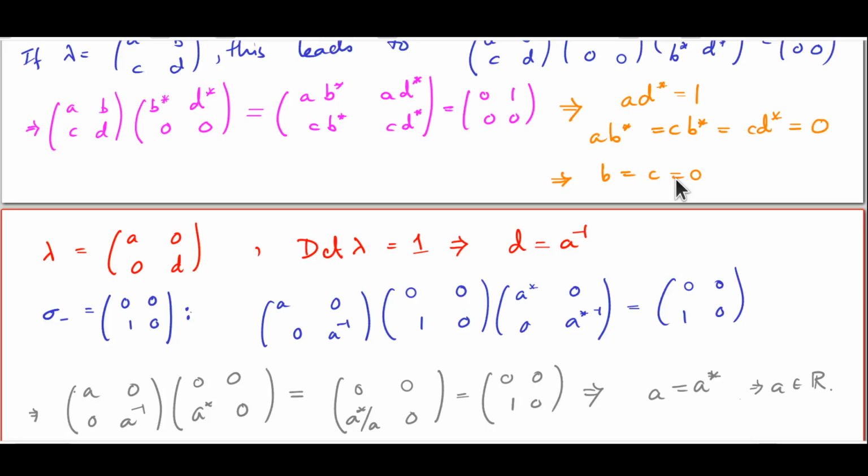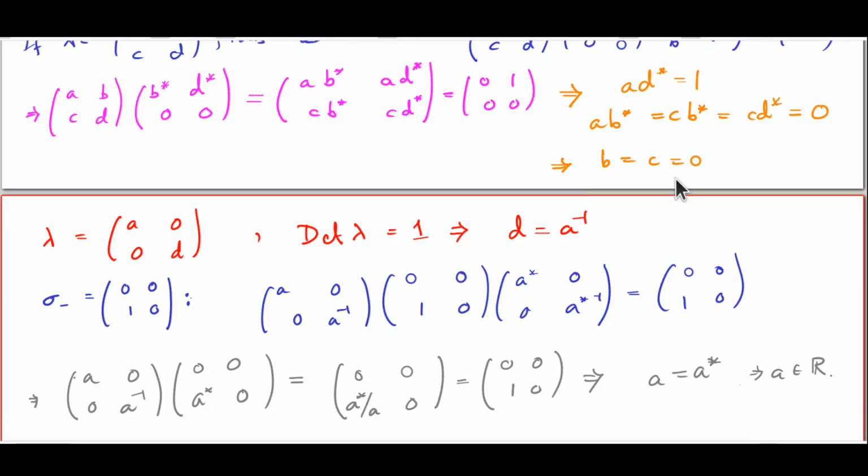If you calculate the whole thing, you end up with zeros in the 3 places trivially, so that tells you nothing new. But it tells you that A*A has to be equal to 1. In other words, the number A, the only parameter left in my matrix now, has to be equal to its conjugate, which means A must be a real number.